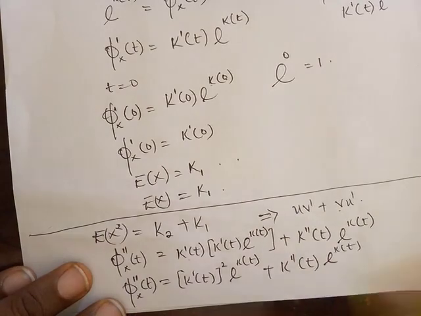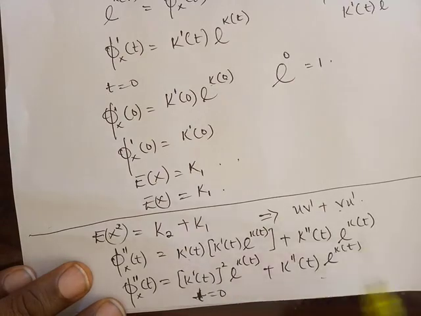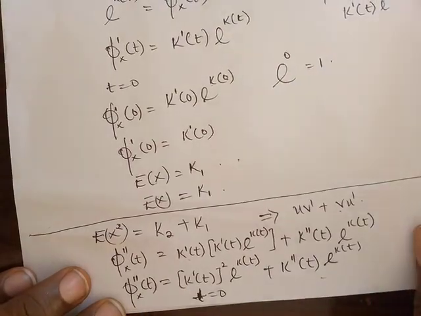So when we set this at t equals 0, this becomes 1, this becomes 1. This is the second derivative. The second derivative of the cumulant function is k2, and this is k1 all squared, and this is our expected value of X squared.